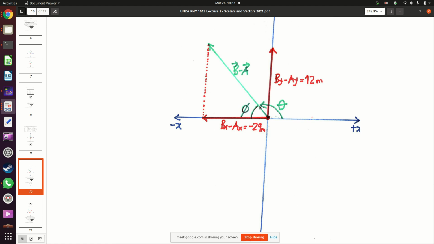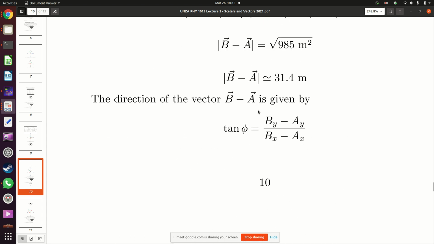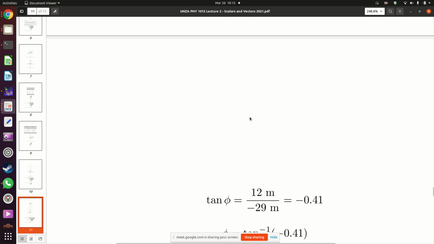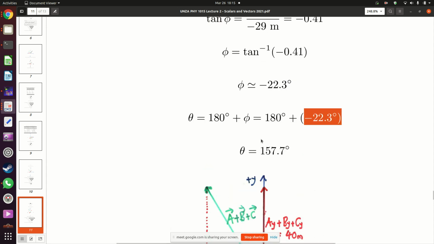The angle of the triangle. Are we clear on what we have done? Is it clear?